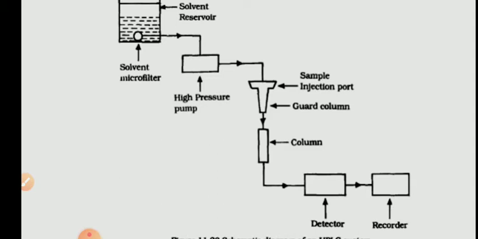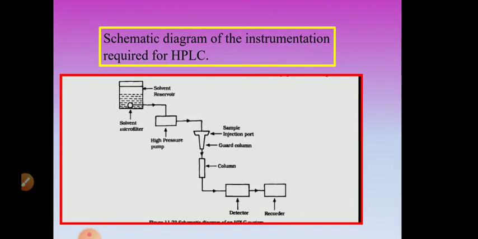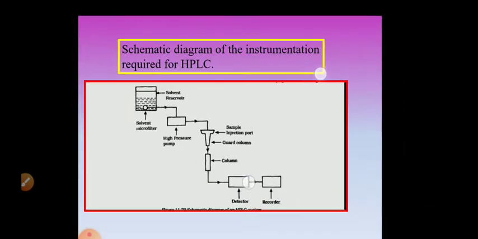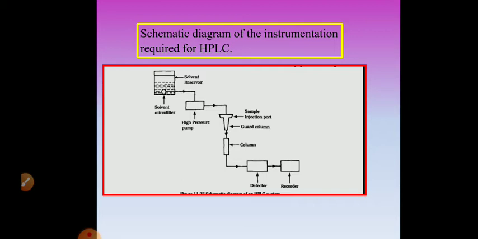Once your sample is injected, it passes through the guard column filled with the stationary phase, and then it comes to the main separating column. After separation, there is a detector and recorder which detects your sample and gives you a graphical representation. Those are the parts of a high performance liquid chromatography experimental setup.